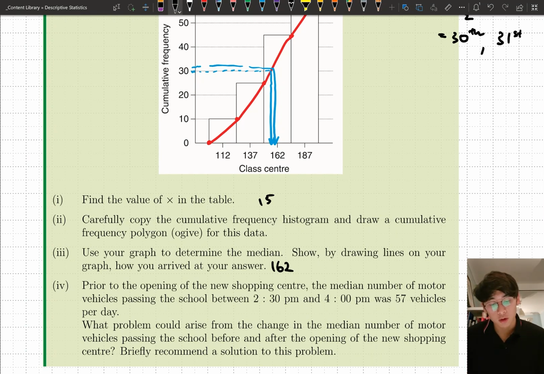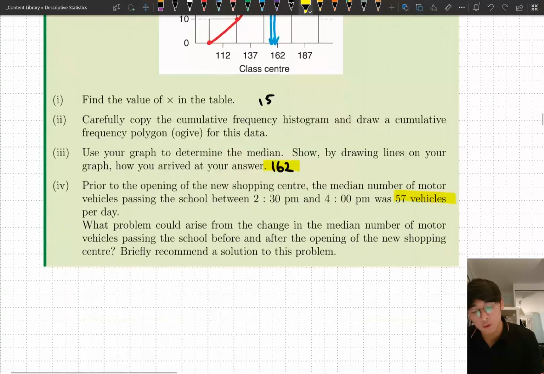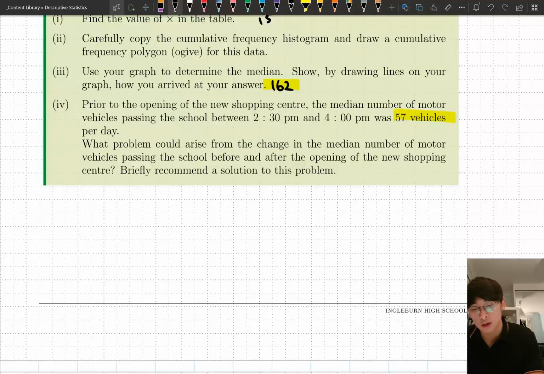Originally they had 57 vehicles and now it's 162, so it's almost tripled the number of cars. When you have more cars, it endangers school children, particularly because 2:30 to 4 is the school zone time. You might want to suggest ways to limit that, like traffic lights or something like that.